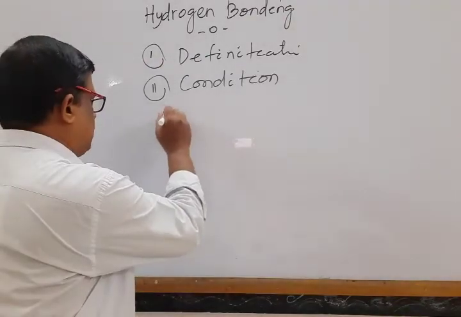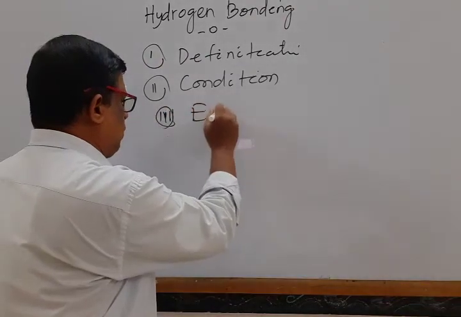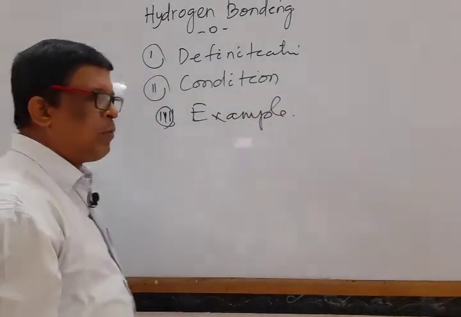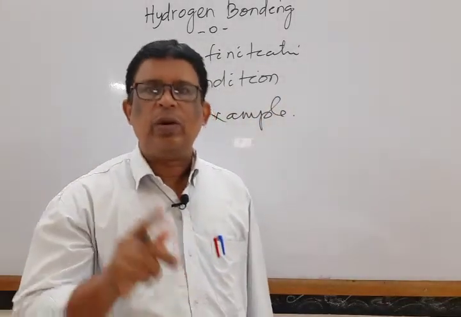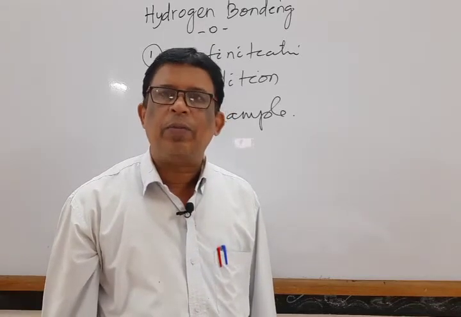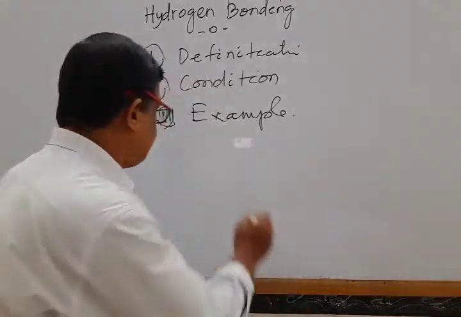The next, third point, is examples. If we look at the three elements, first nitrogen: when nitrogen combines with hydrogen, it results in the formation of ammonia.